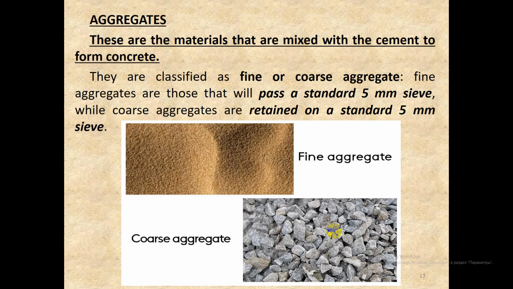Both of these aggregate types need to be carefully managed to ensure the distribution of particles is correct for concrete manufacture. This is particularly so of marine aggregates, which tend to contain a larger proportion of single-sized particles.